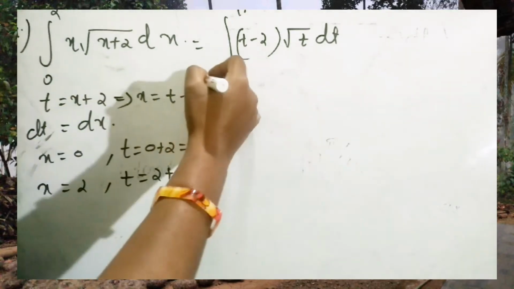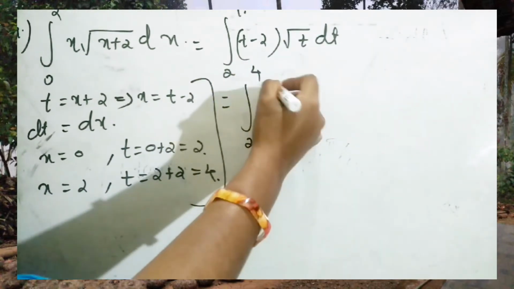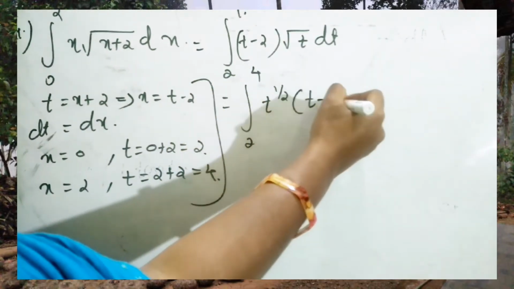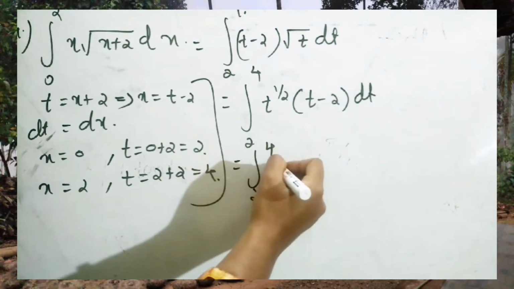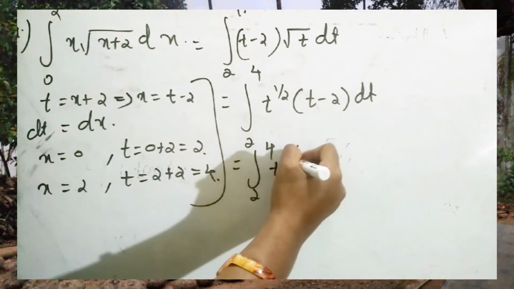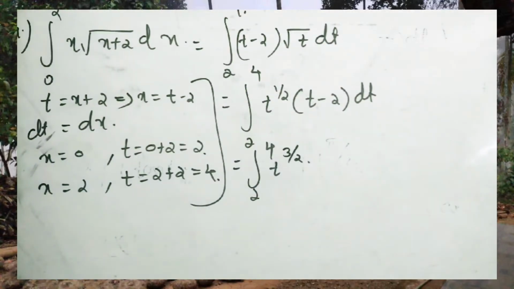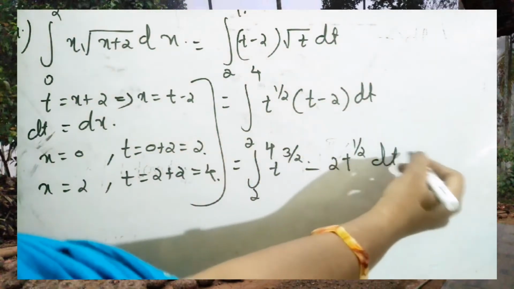Root t we can write as t raised to 1 by 2 into t minus 2 dt. Now open the brackets, then we will get t raised to 1 by 2 into t raised to 1, that is t raised to 3 by 2, minus 2t raised to 1 by 2, dt.